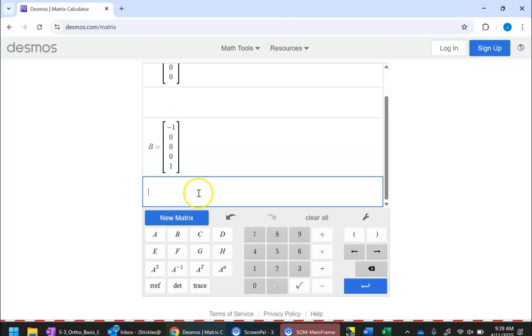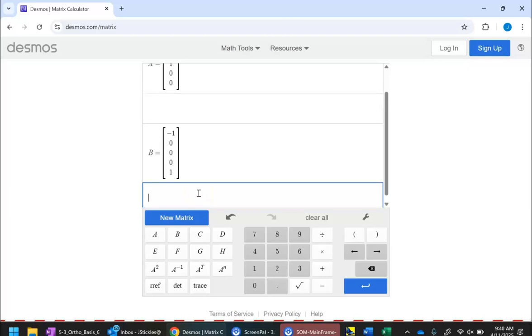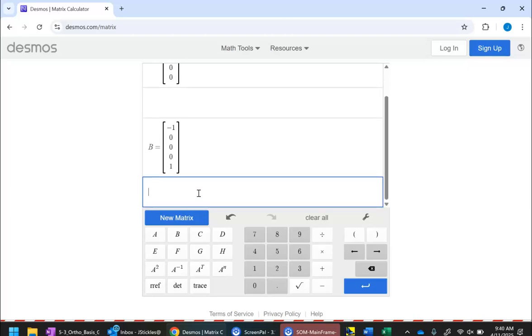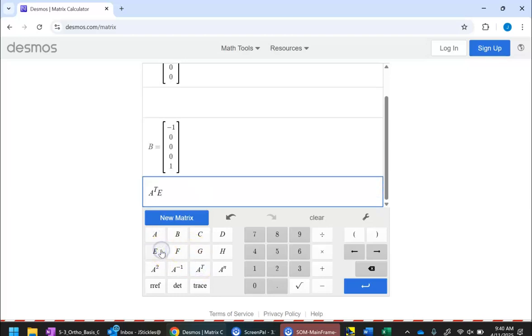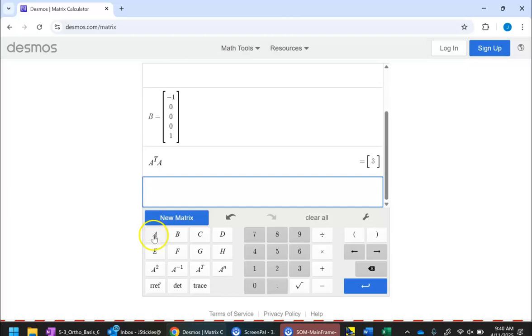Okay. So if you wanted to do the dot product of A with itself, do A transpose A, and you get 3, right? So it tells you what the answer is there. If I wanted to do the inner product with A and B, I would do A transpose B, and that gives me -1. This is what we had before, isn't it?